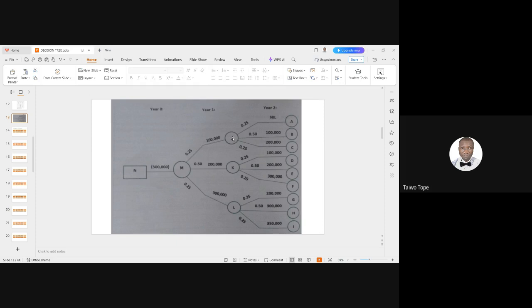With the word expected, you know there will be a combination of two things, isn't it? Your probability and what? Your NPV. So Mr. Isa that is asking me when we are going to use probability, this is the point.